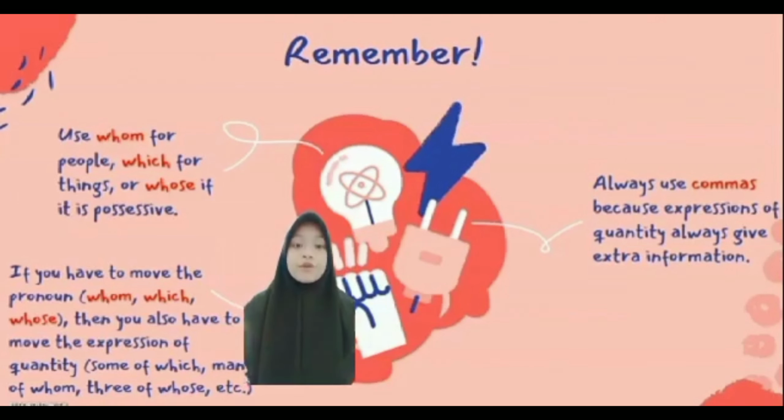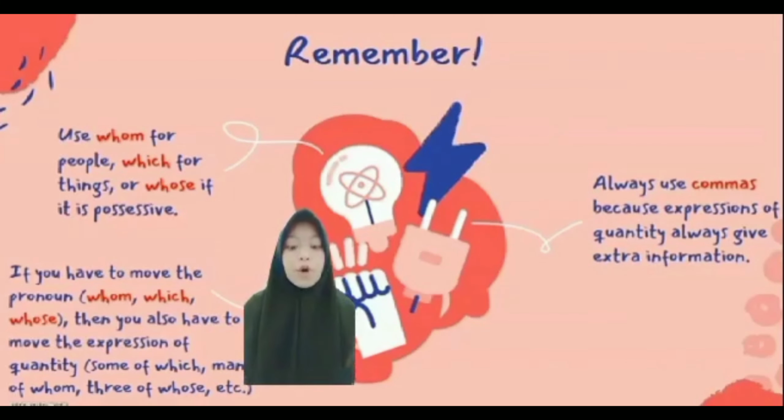Here are things you have to remember about expressions of quantity. The first, use whom for people, which for things or objects, and if there is possession, we also use whose. Expressions of quantity with possession are not allowed without commas in adjective clauses. The next one: if you have to move the pronoun whom, which, or whose, then you also have to move the expression of quantity.